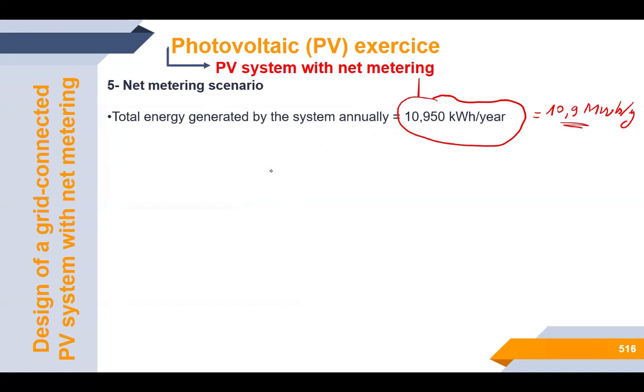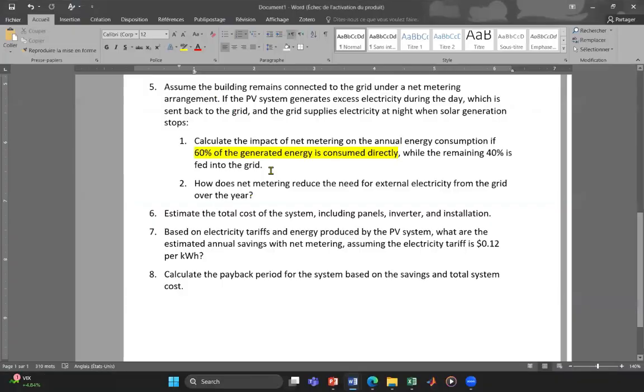So in the question we have two values. The first one is 60% of the generated energy is consumed directly, and the remaining 40% is injected or fed into the grid.